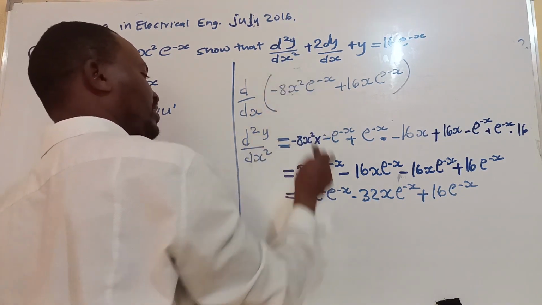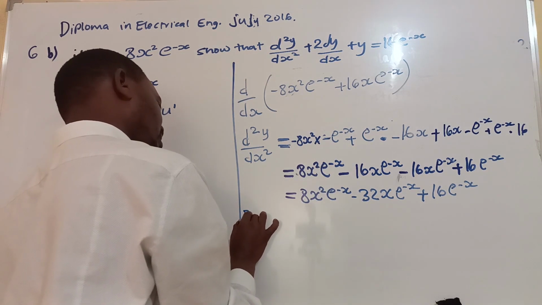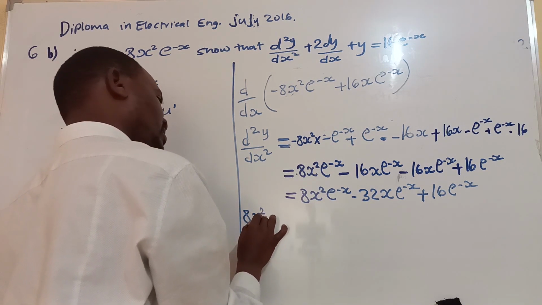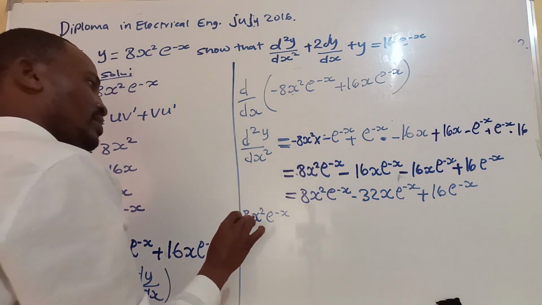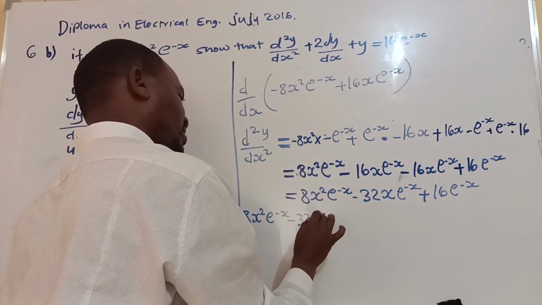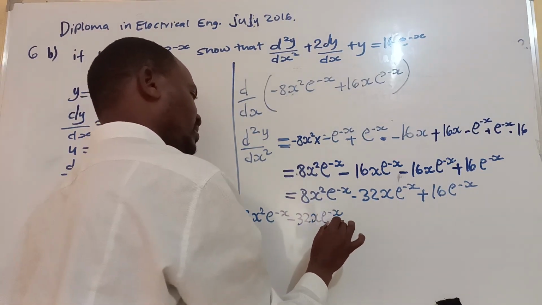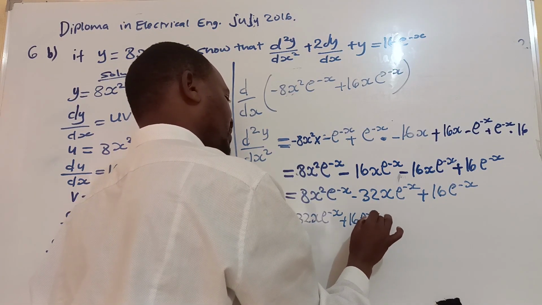This equation, I'll take this 8x squared exponential negative x, minus 32x exponential negative x, plus 16 exponential negative x.